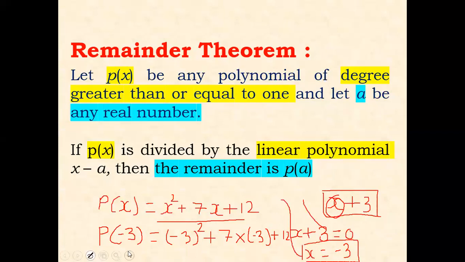Minus 3 squared becomes 9, plus 7 times minus 3 which is minus 21, plus 12. Now 12 is positive, 9 is also positive, so 9 and 12 becomes 21. So we have 21 minus 21, so it becomes 0. You see that the remainder we have got is 0.